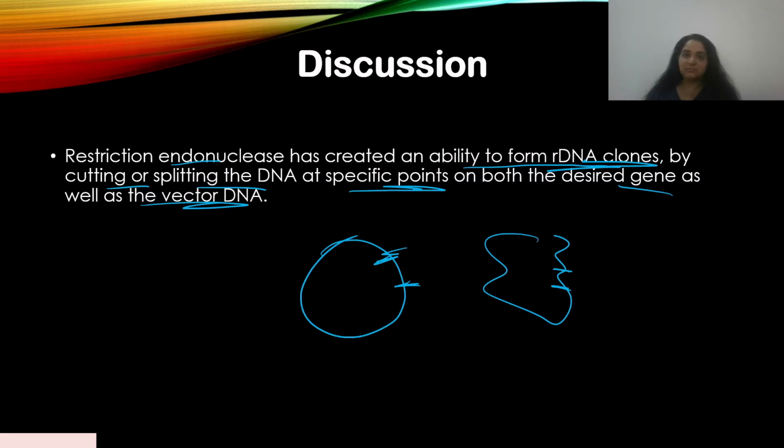There can be some which will produce blunt ends, so there won't be any complementary nucleotides there. But it is always preferable to use the same restriction endonuclease to make a cut in the DNA fragment that has the gene of interest, and to make the same cut in the vector DNA to have the complementary nucleotides, so that this gene fragment can be inserted into this vector DNA.